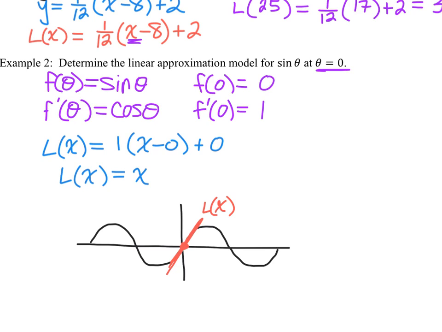And that's what happened here. If I wanted the sine of 0.7, we sacrifice a little bit of accuracy. If I get out to the sine of, let's say, 1 radian, even more accuracy is sacrificed. So the further you move away from your point of tangency, the less accurate your result is going to be.